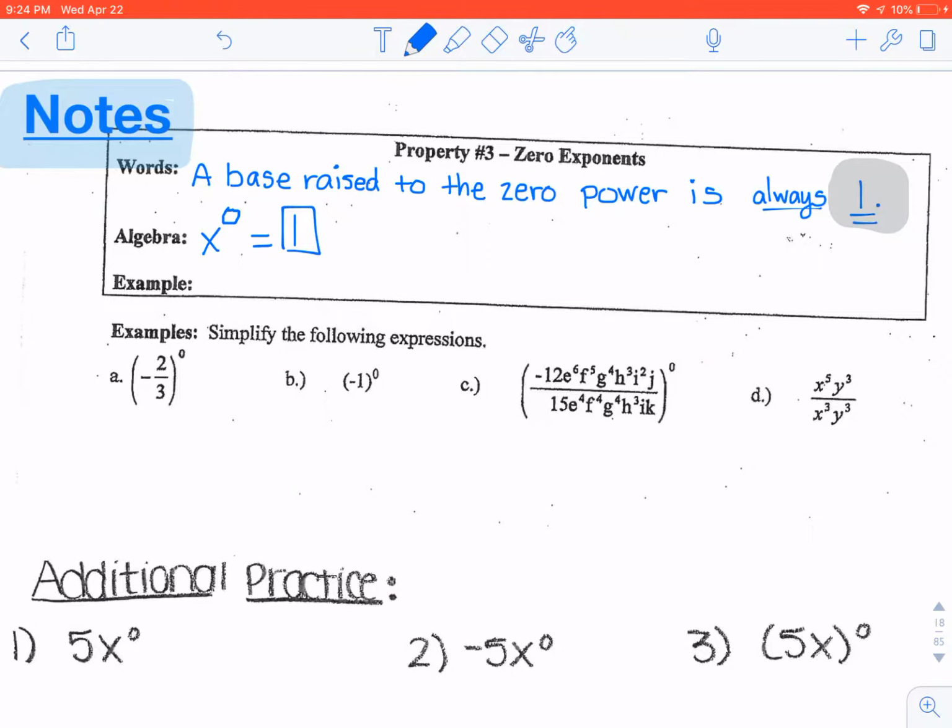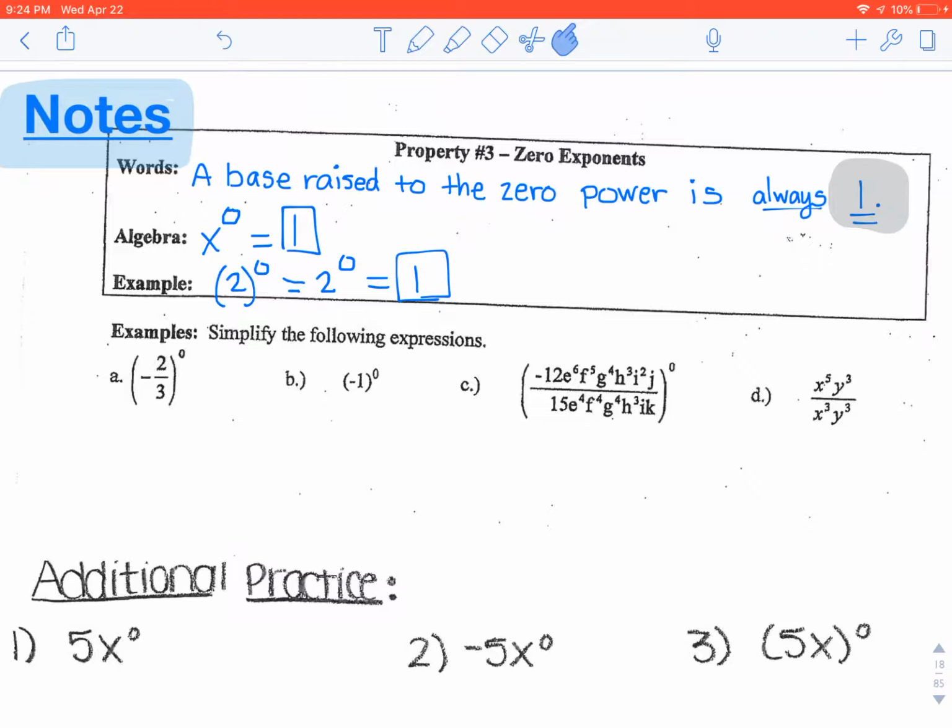An example using a number, let's say we have 2 raised to the 0 power, which is the same thing as not having the parentheses. 2 to the 0 power is still 1. Okay, so any base raised to the 0 power is always 1.